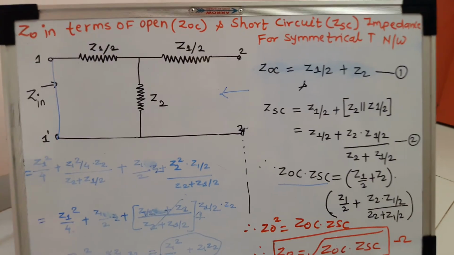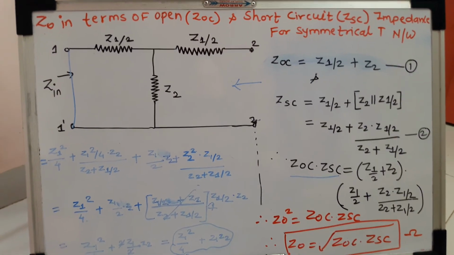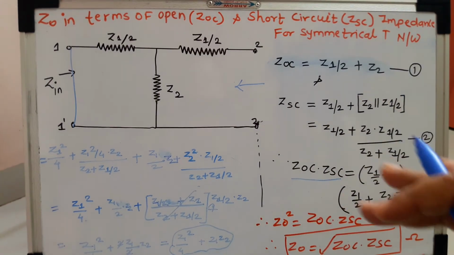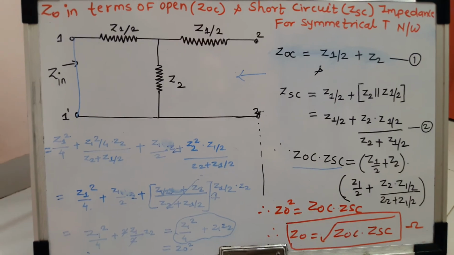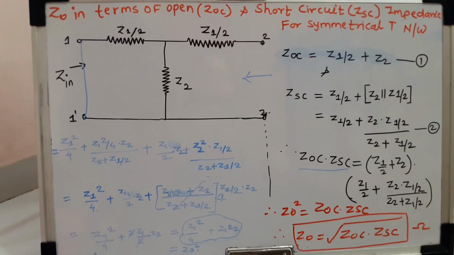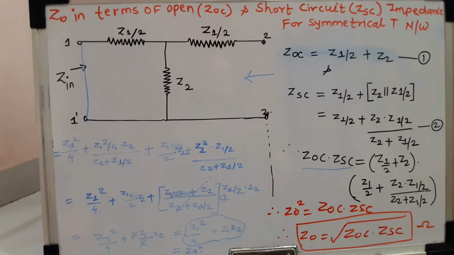So it does not make any difference whether we make open and short on the right hand side or on the left hand side. In this way we can derive Z0 and solve numericals based on this Z0 in terms of circuit parameters, that is open circuit impedance and short circuit impedance.